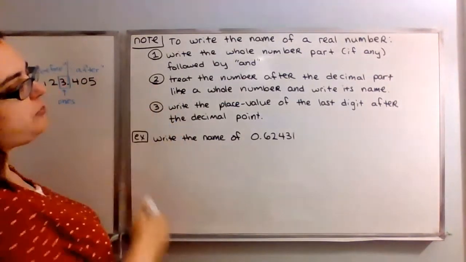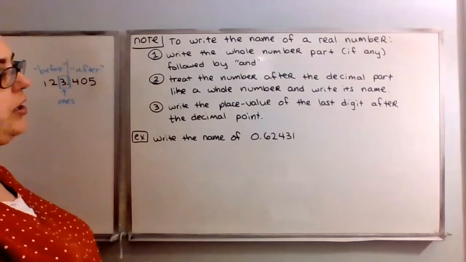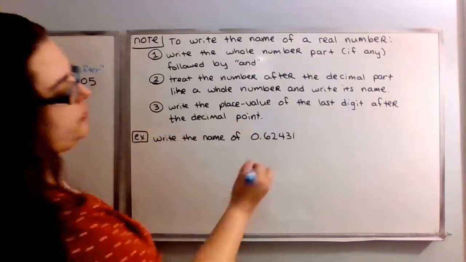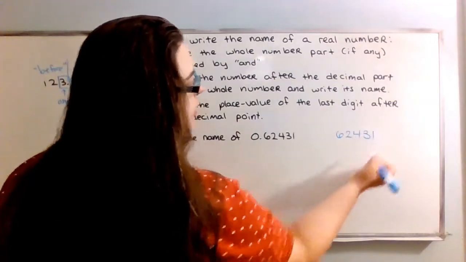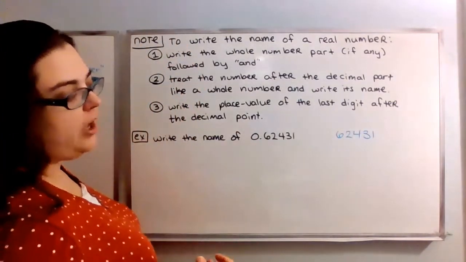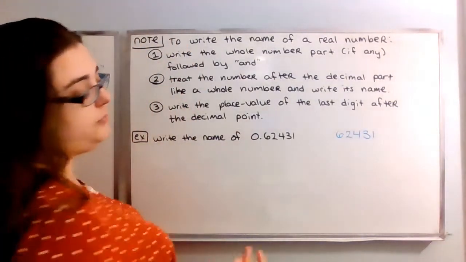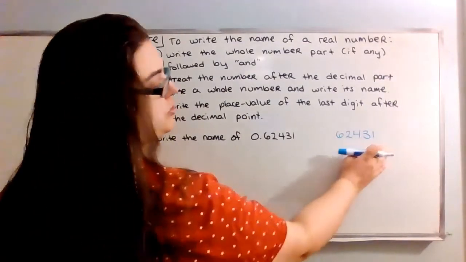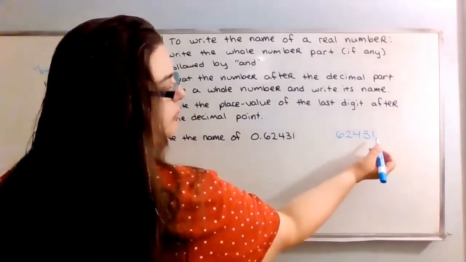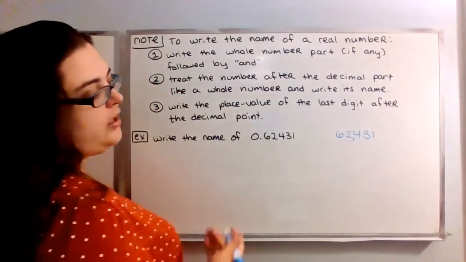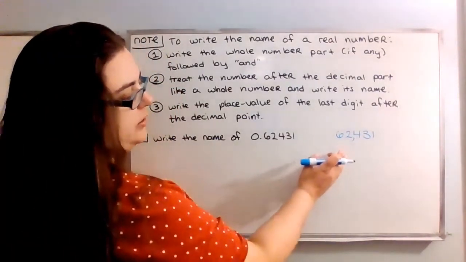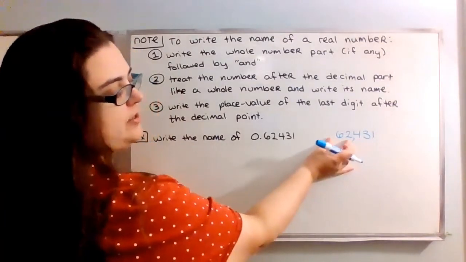For the second step, we're going to treat the number after the decimal point like it's a whole number. So I'm going to think of the number 62431, ignoring the decimal point. To treat this like a whole number, I'm going to break it up into groups of 3, starting from the right. This is my ones period, and this is the thousands.